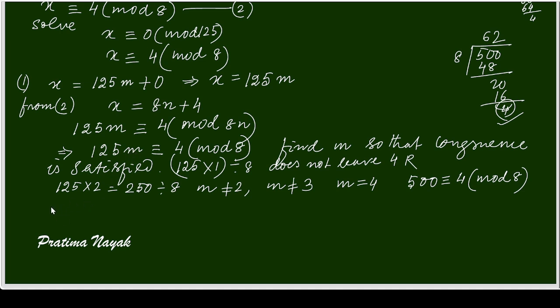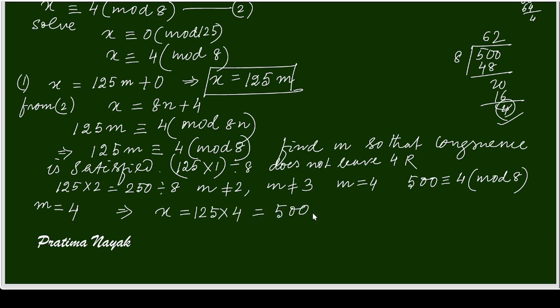So remember, m is equal to 4. What is x? x equals 125m. x is equal to 125 times m. m is 4, so into 4. So x is equal to 500. So the answer is 500. That means the last 3 digits are 500.